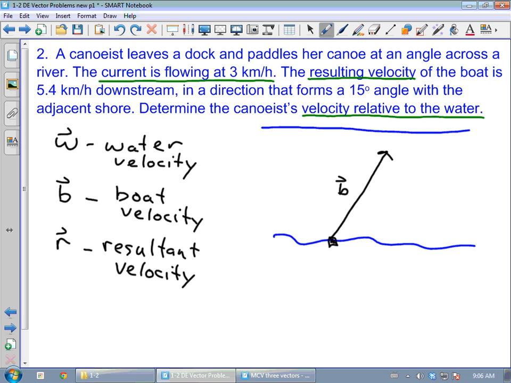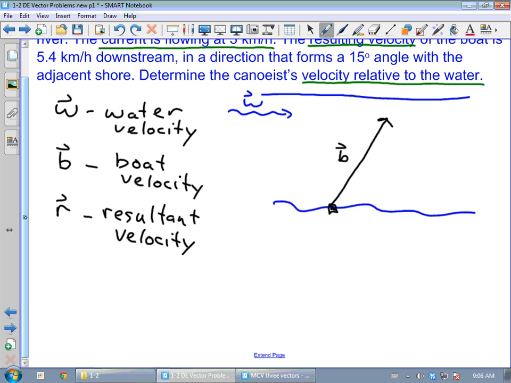We're told that we've got a current flowing at 3 kilometers per hour. So that is going to be our water velocity. And I've made the current going like this. What's going to happen is that the resultant velocity, the path that she actually takes, is going to be the vector sum of the boat's velocity, the path that she intends to take, plus the way that this current pushes her around in the water.